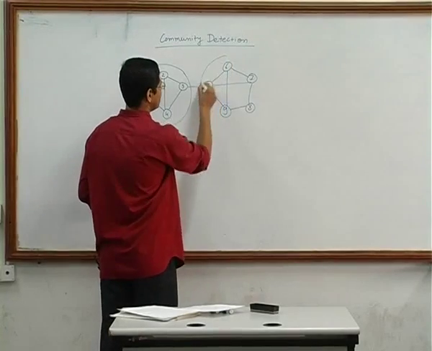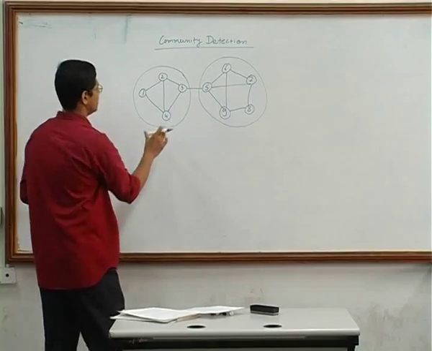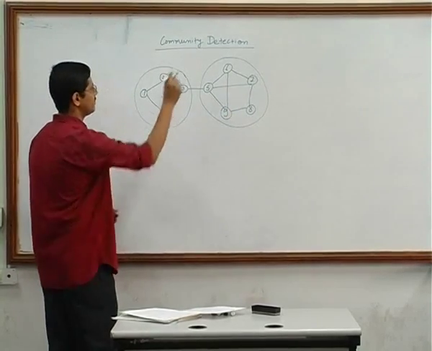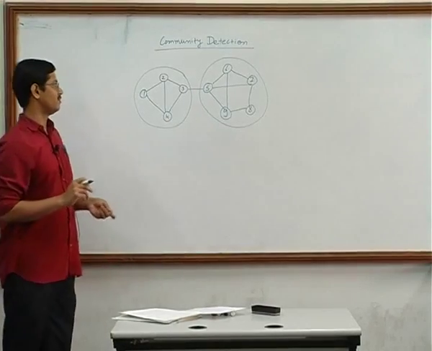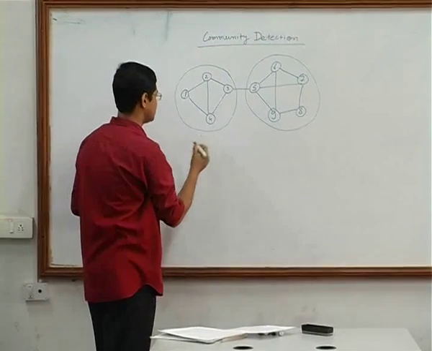Similarly, in this portion nodes show a more similar kind of connectivity. This kind of set of nodes is called a community. If we represent a social network through a graph, then we can identify the communities.